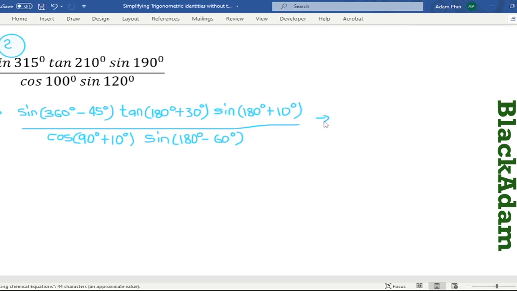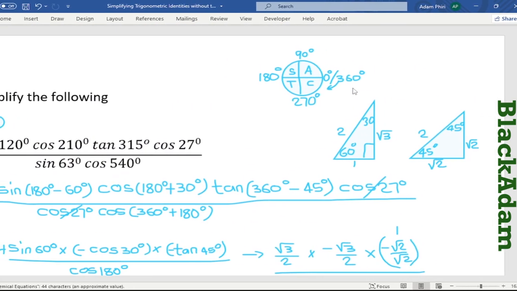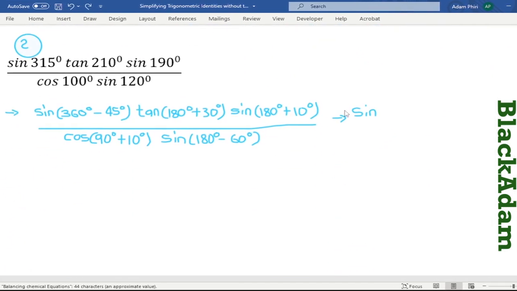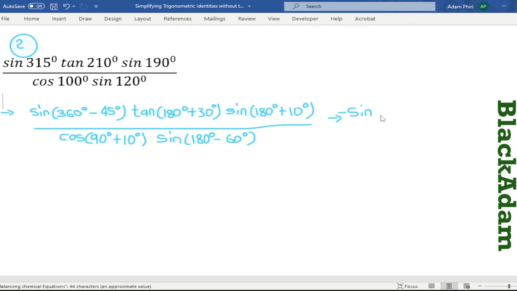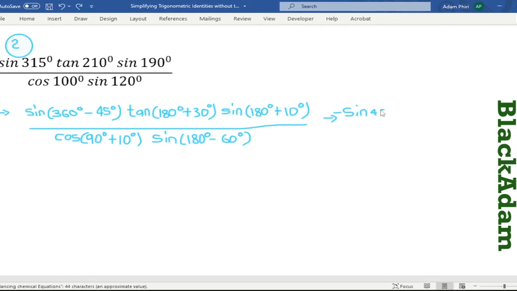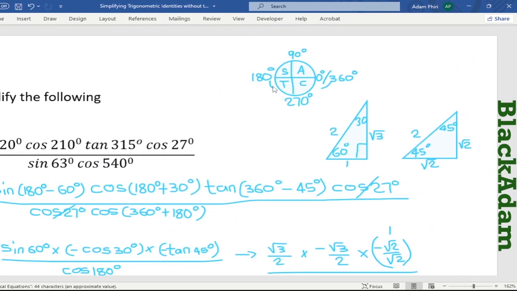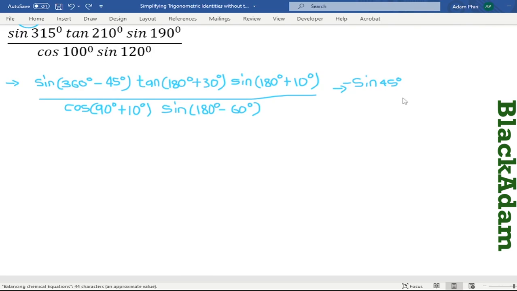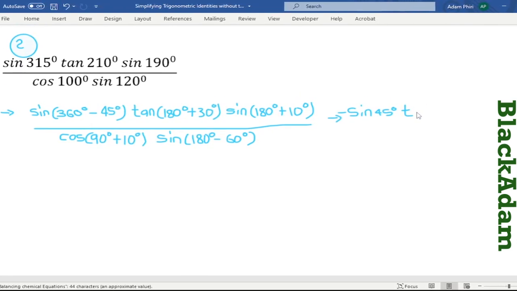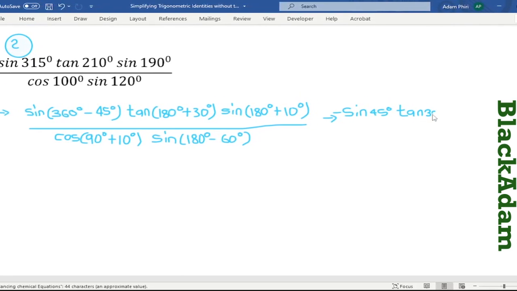And then what's left is we need to simplify. So sine 360 minus, so sine is going to be negative. It's got a negative sine 45 degrees. And then we have tan 180 plus positive, so that would be tan 30 degrees.